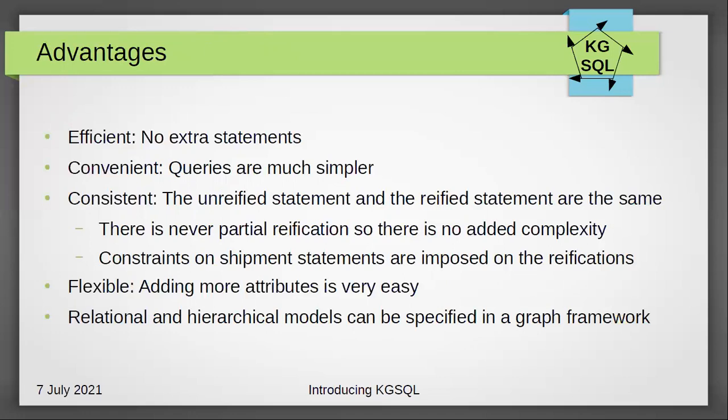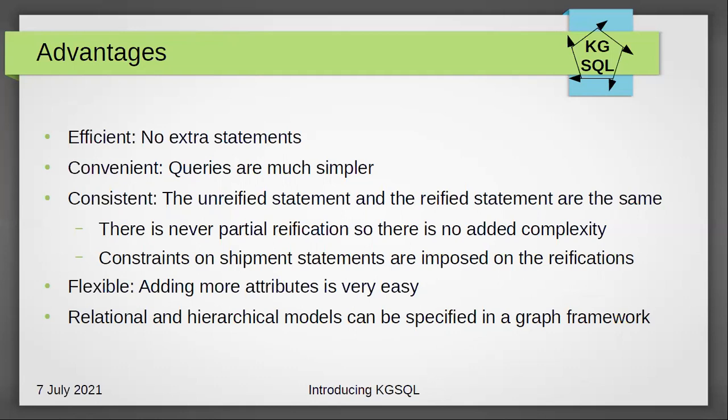We never have to worry about partial reification. And if you put constraints on your shipment statements, they're going to be imposed on the reifications. That's not something that's true for RDF. For RDF, if you want to use an OWL constraint, you have to constrain both the reification and the property.